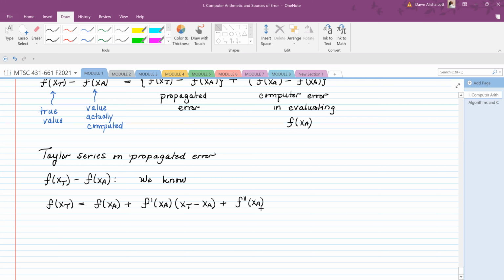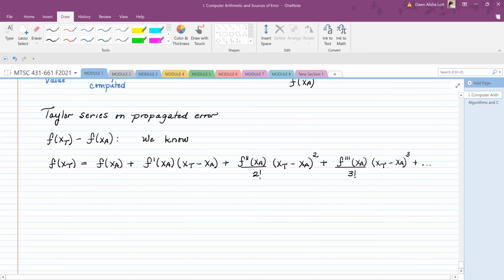So this is just a Taylor series times x true minus x approximated squared, plus, and I can keep going, f triple derivative of x approximated over 3 factorial times x true minus x approximated cubed.